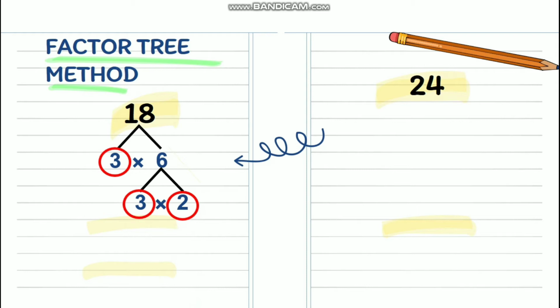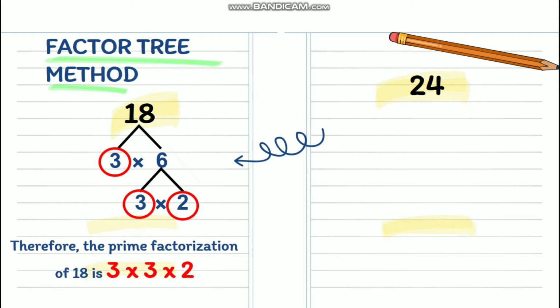The encircled ones are 3, 3, and 2. Therefore, the prime factorization of 18 is 3 times 3 times 2. To check if your prime factors are correct, just multiply them. 3 times 3 is 9, times 2 is 18.